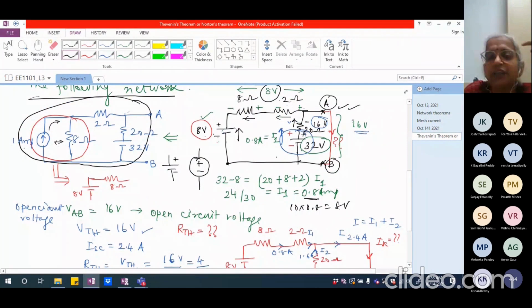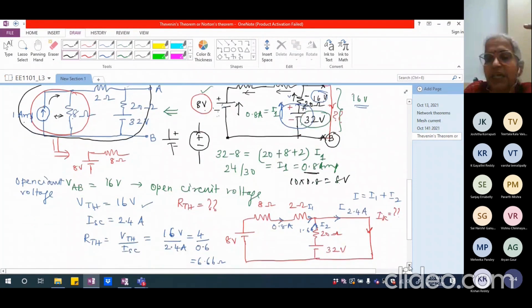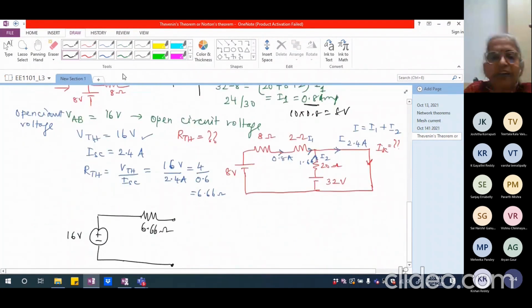To do the calculation repeatedly with different types of resistances is going to be really, really difficult for me. Rather than that, if I have the Thevenin equivalent, all I need to do is connect the load here, whatever my load may be. And then I can simply find out how much current is being drawn, and how much power is being imparted to the load.